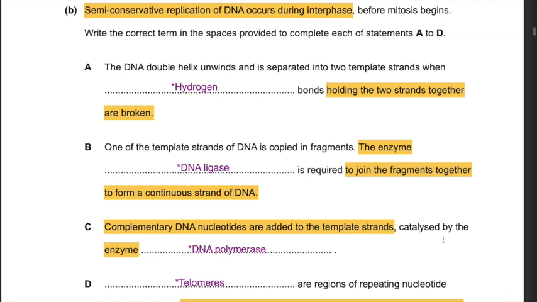RNA polymerase is involved in protein synthesis. However, since this question is about DNA replication, and it talks about complementary DNA nucleotides are added to the template strands, as you can see over here, I have highlighted the key words which match with the correct answer. So complementary DNA nucleotides being added to the template strands is catalyzed by the enzyme known as DNA polymerase.